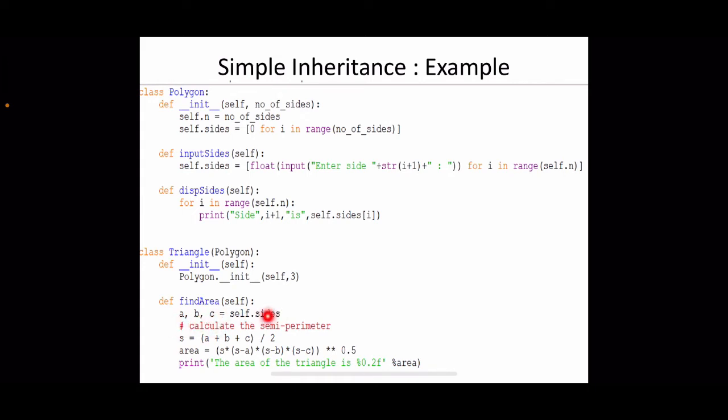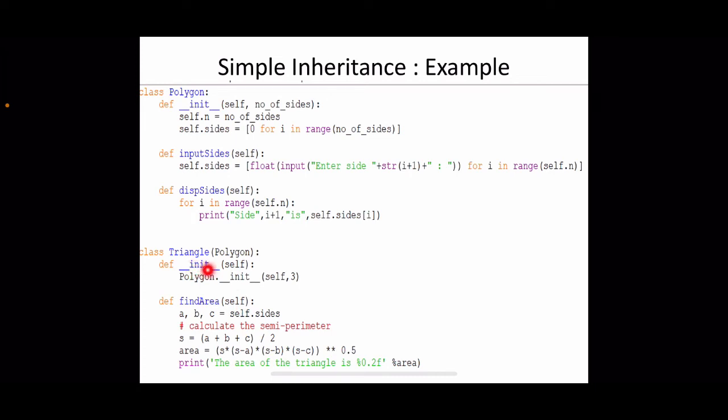That is actually unpacking of values from the list. Then we are putting the equation: the perimeter will be calculated first, that is the semi-perimeter. Then the area will be calculated using this expression. Then the area will be printed. These are the statements within find area. So only these two methods are to be defined within the triangle.